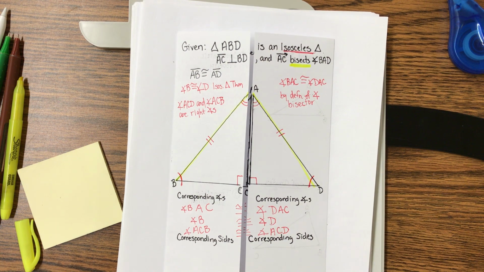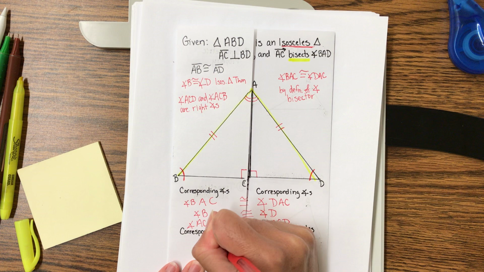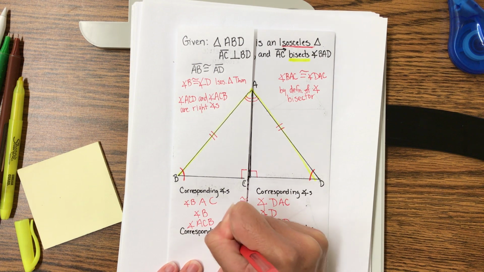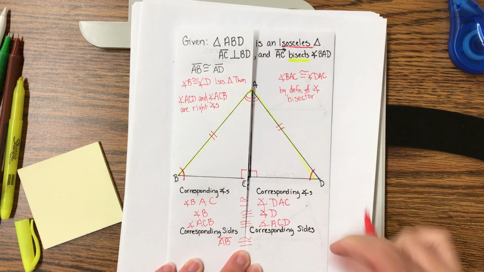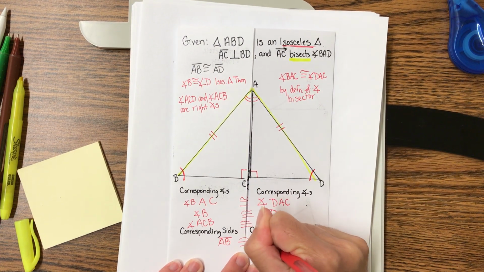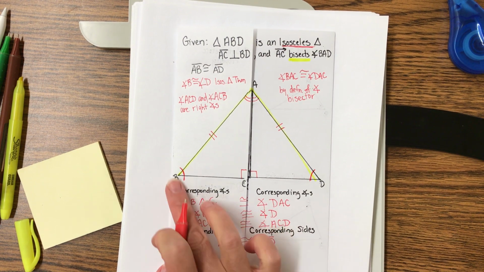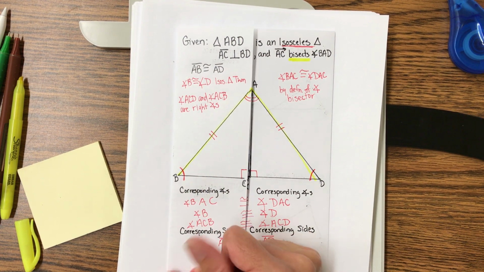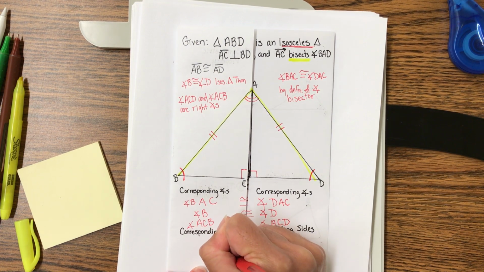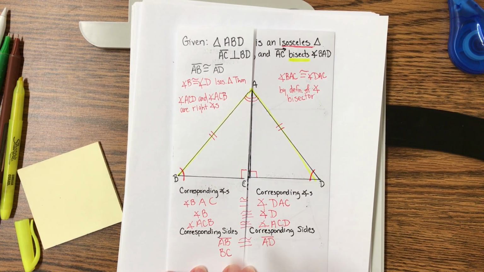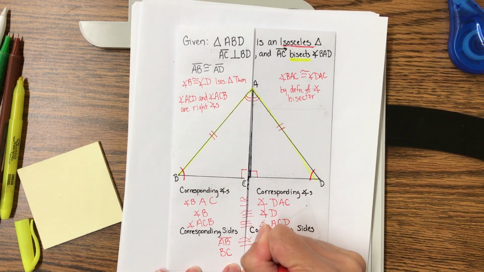So what about our sides? Side AB is corresponding and congruent to side AD. Side BC is going to be corresponding and congruent to side DC.